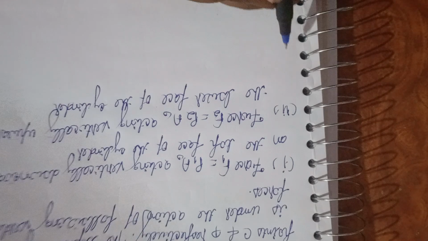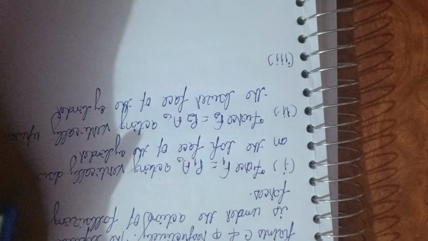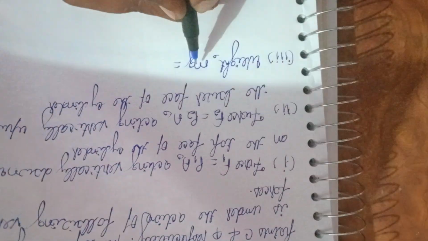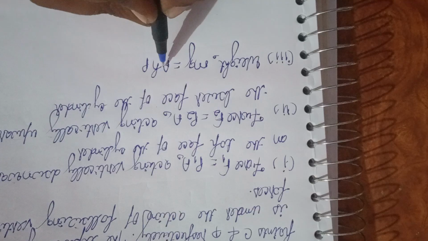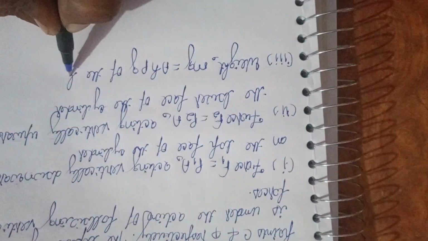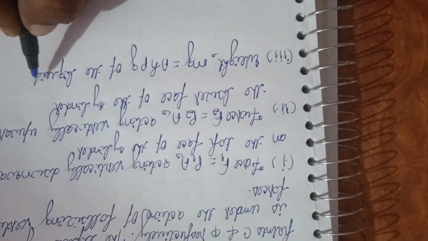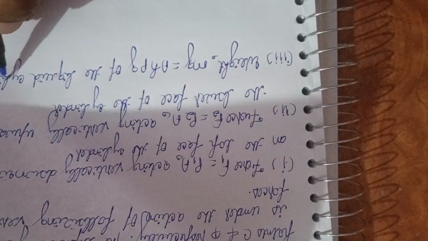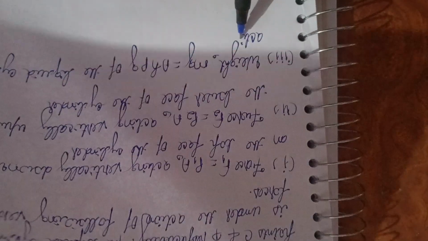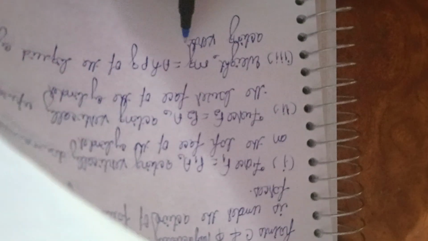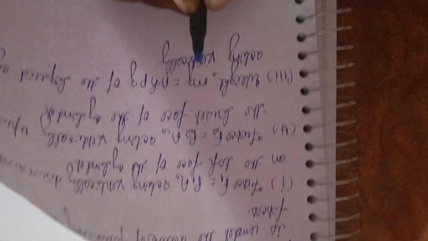Third, weight mg is equal to AH rho g of the liquid cylinder acting vertically downwards.